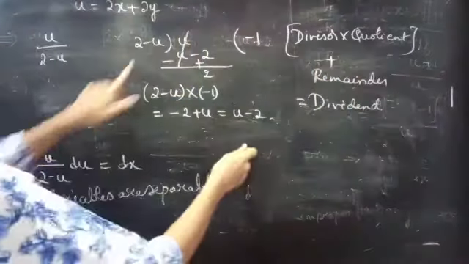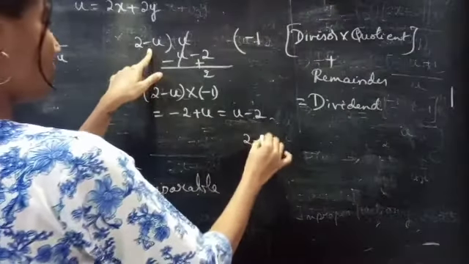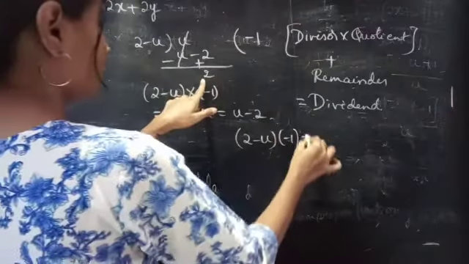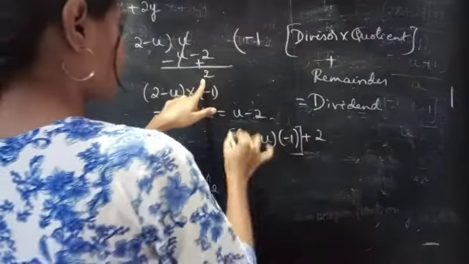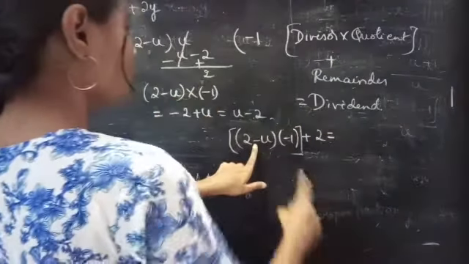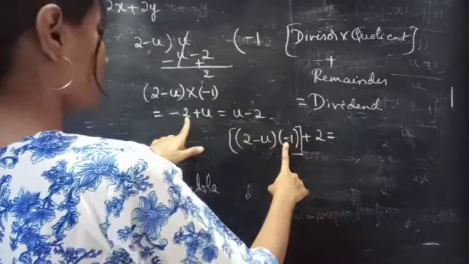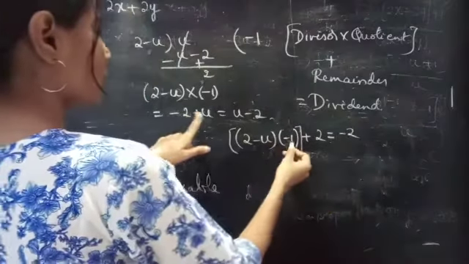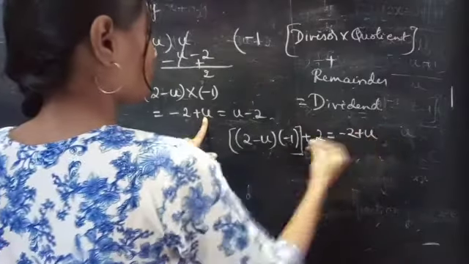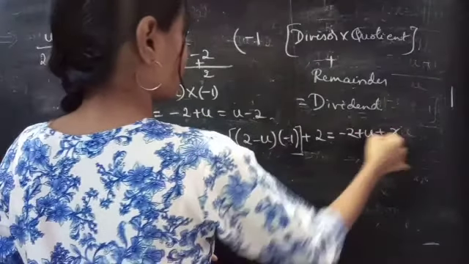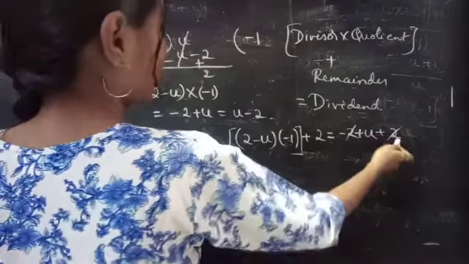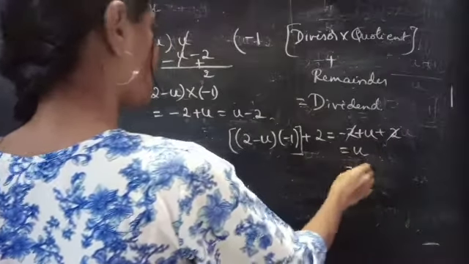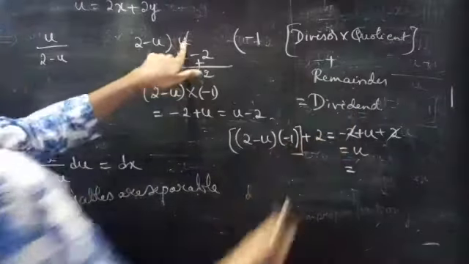Divisor into quotient plus remainder equals 2 minus u into minus 1, that is minus 2 plus u, plus 2. Here minus 2 and plus 2 get cancelled, and finally you'll get u, which is your dividend.